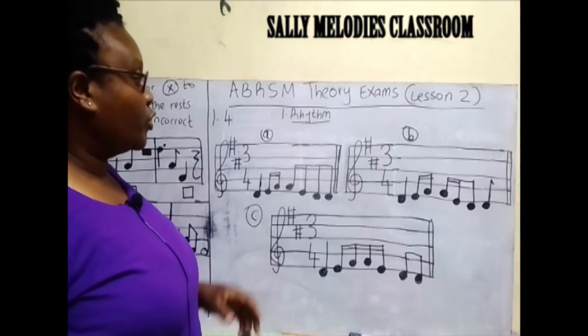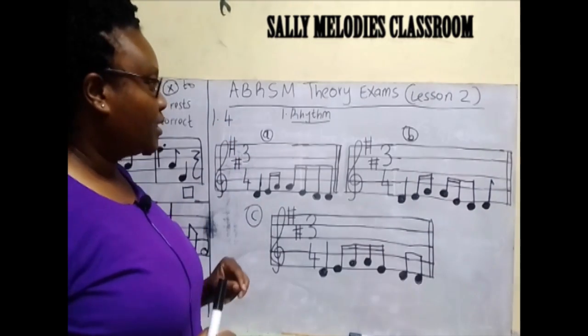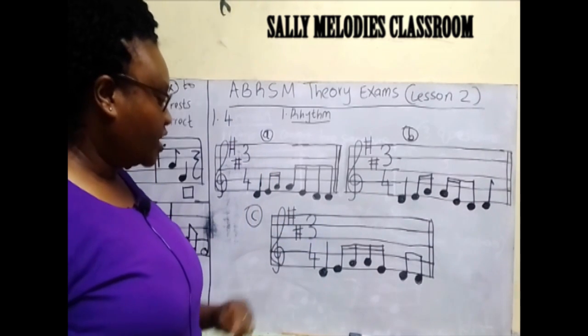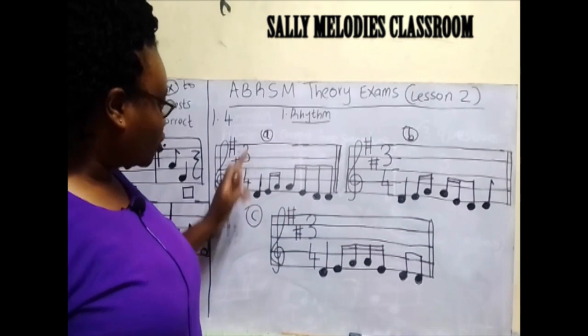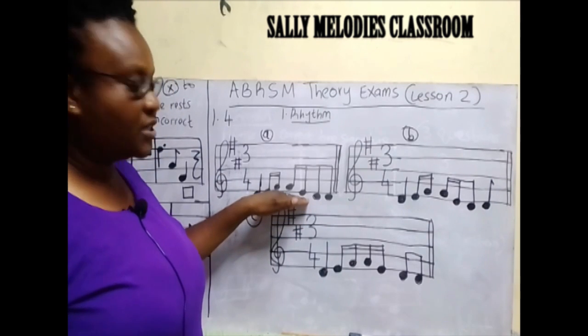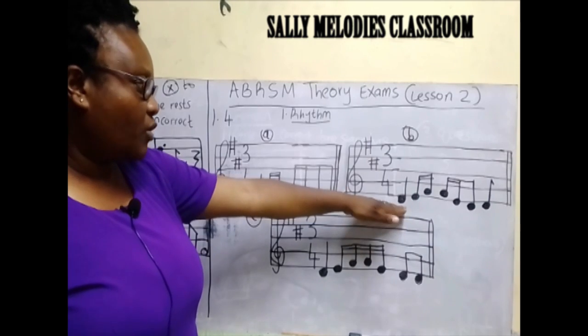Question 1.4, you click the bar that is correctly grouped, to give you a 3/4. So when you look at the first one, even the rhythm itself will not give you the correct thing. Same applies to the second one.